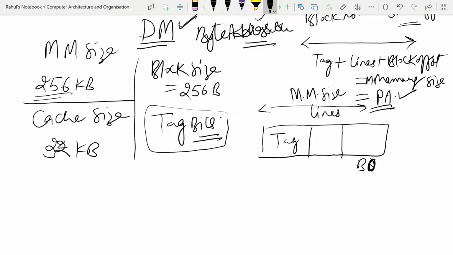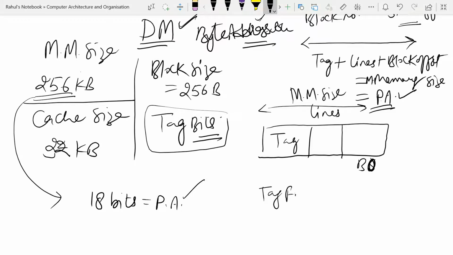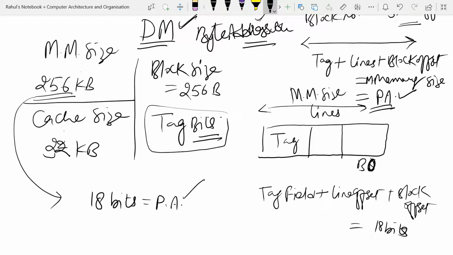Main memory size is 256 KB, and our memory is byte addressable, so we can convert it: 256 is 2 to the power 8, and K is 2 to the power 10, so 10 plus 8, 18 bits physical addressing is there, right? Physical addressing means main memory size is 18 bits. So you can directly say here that the size of tag field plus line offset plus block offset is 18 bits. And further, cache size is given to us.